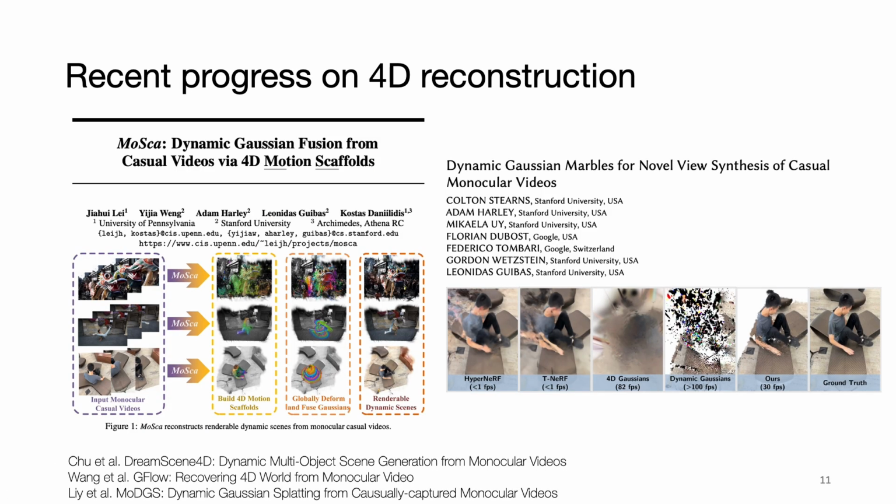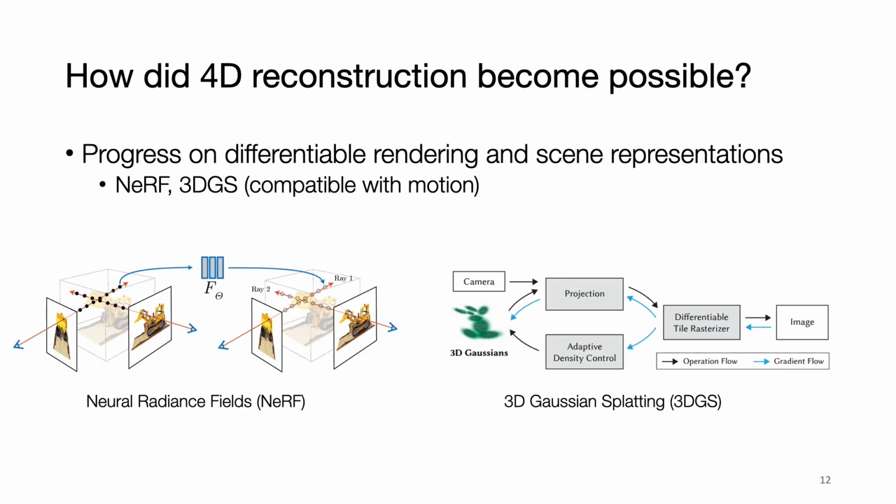Similarly, there are many other works that came out around the same time that addressed basically the same problem with a somewhat similar approach. So the question I like to ask here is, what makes this 4D reconstruction possible? Because it was really difficult before. I like to reflect on that, and I think there are two very important reasons.